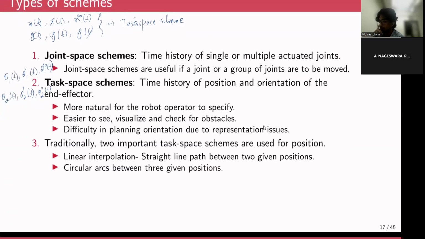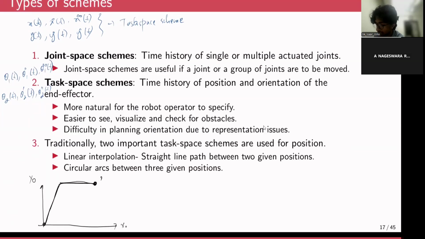Maybe one example I can give you is, if you have an RR manipulator, something like this is X0, this is Y0, and this is the initial position of your RR manipulator.